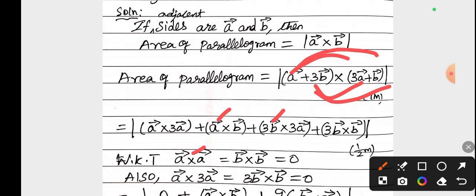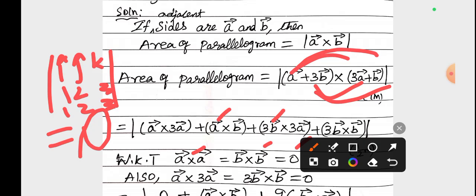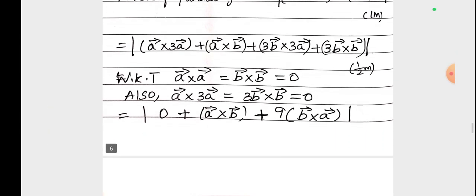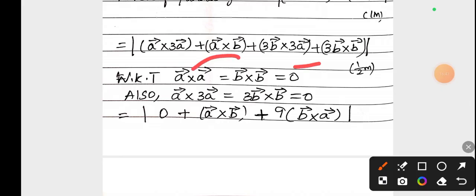We know, children, a vector cross a vector and b vector cross b vector is 0, because in the determinant i j k, when the same numbers repeat, 1 2 3, 1 2 3, then that determinant will be 0. If any two rows or two columns of a determinant are identical, then the determinant is 0. So a cross a, b cross b is 0.